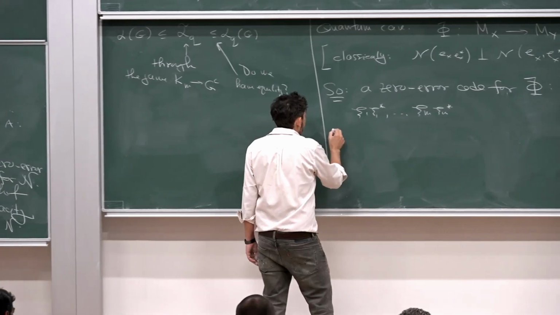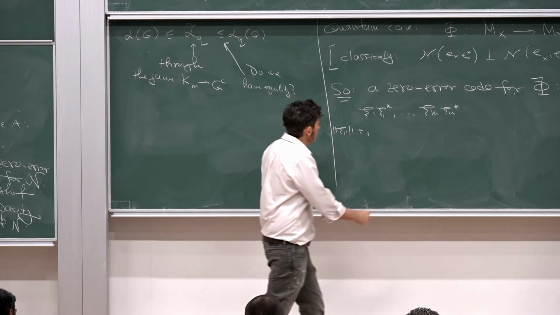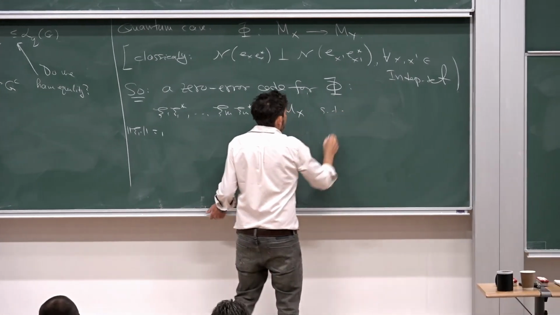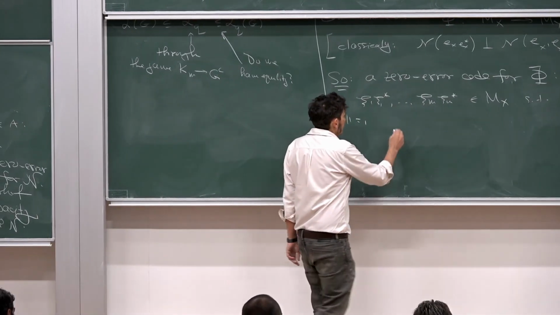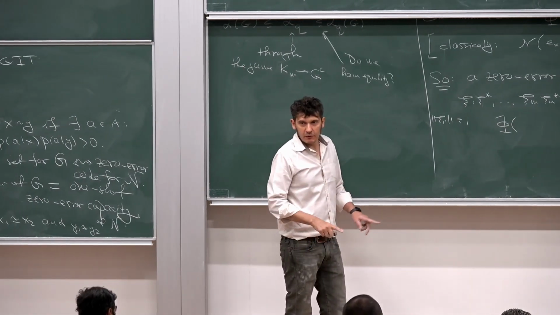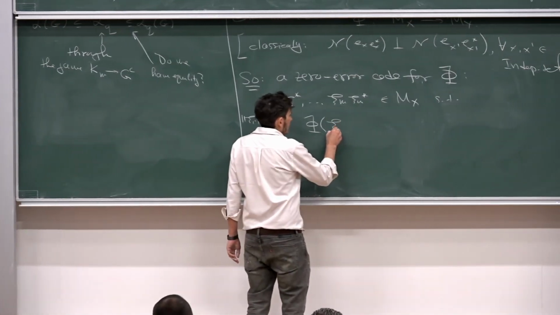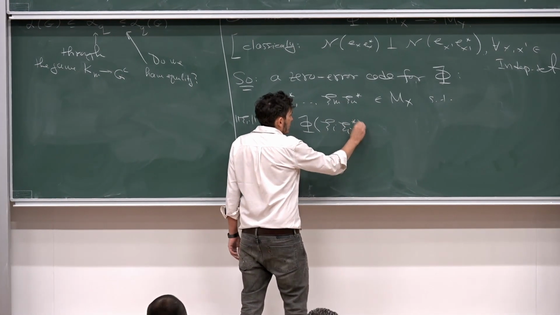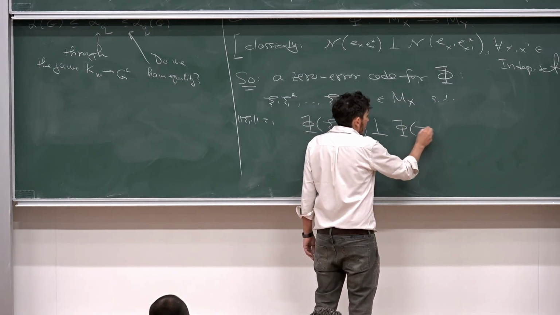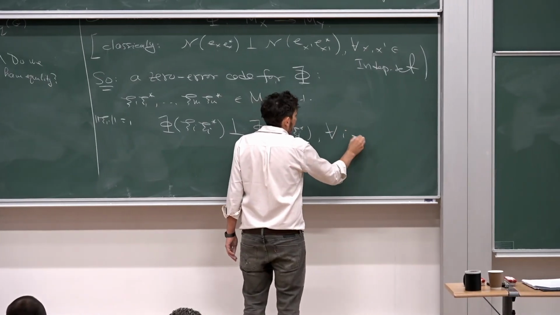These are unit vectors, and these are the corresponding rank 1 projections. So these are pure states in Mx, such that when I pass them through the channel phi, I will have perfect distinguishability. They will have disjoint supports. I want Ci star after the application of phi to be orthogonal to phi applied to Cj star for every i different from j.